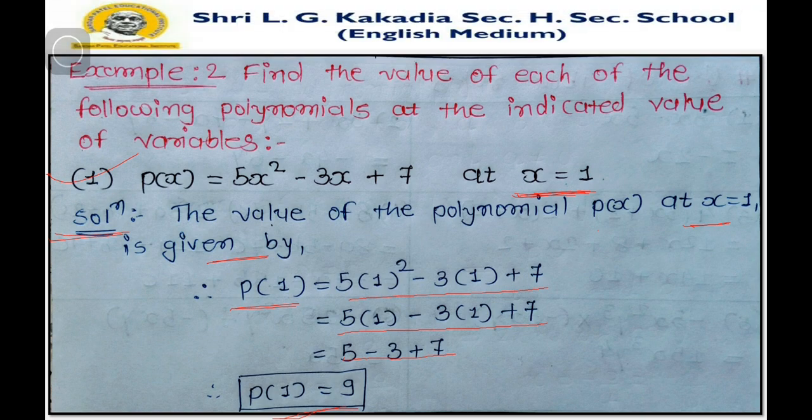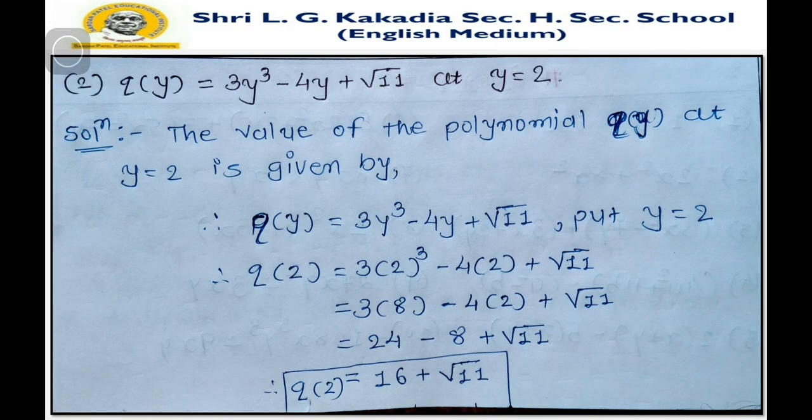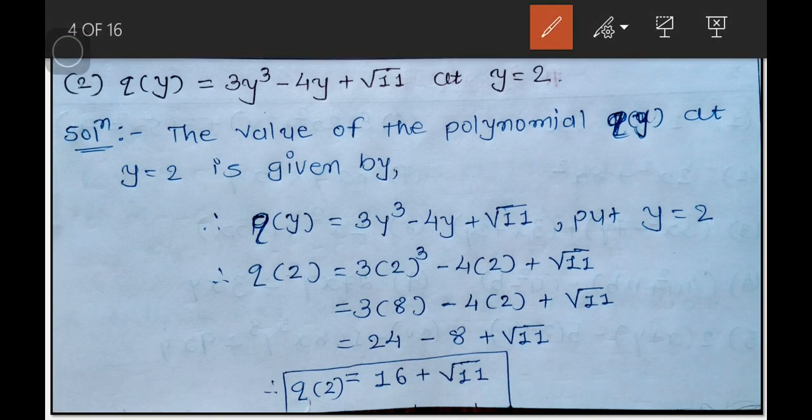Now the next example. Here it is given that q of y is equal to 3y cube minus 4y plus root 11, and we are going to find the value at y is equal to 2. Here we put 2 in place of y in polynomial q of y.